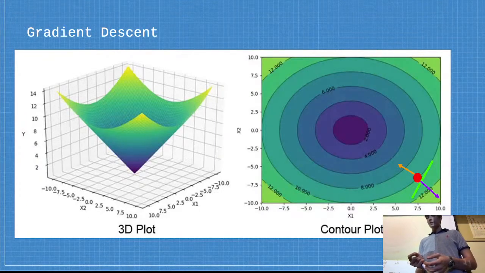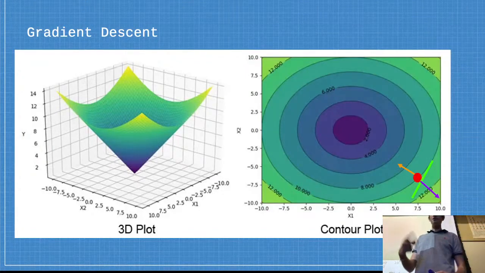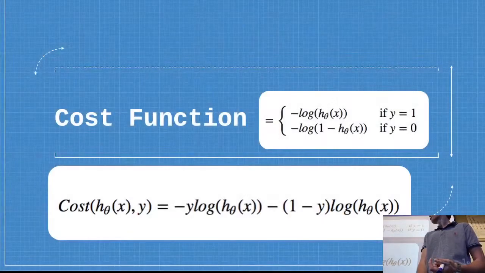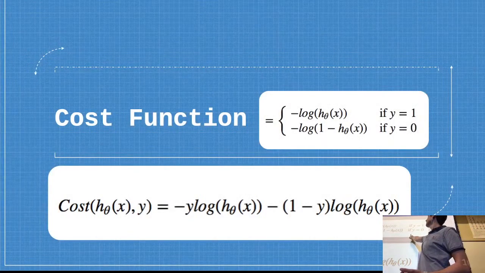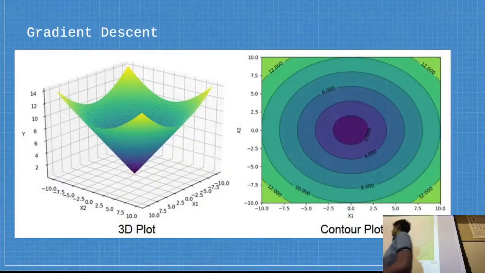Okay? So that is the key idea of gradient descent. And how does the cost function play into this? The cost function, which looks like this, is y. It's what defines what our three-dimensional curve looks like.